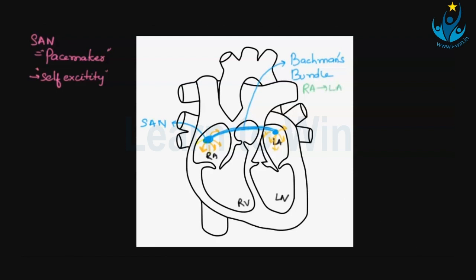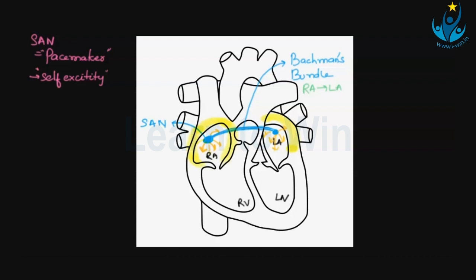Right. Now, at the same time, these are depolarization signals. Slowly the depolarization signal reaches through the entire walls of the left atrium and the right atrium like this, causing the contraction of the atrium.